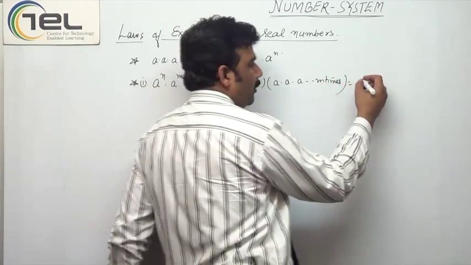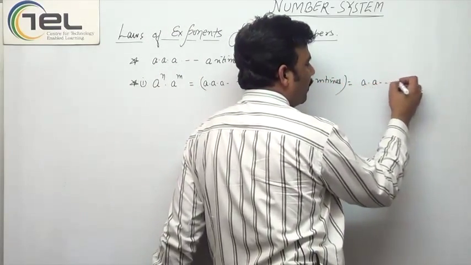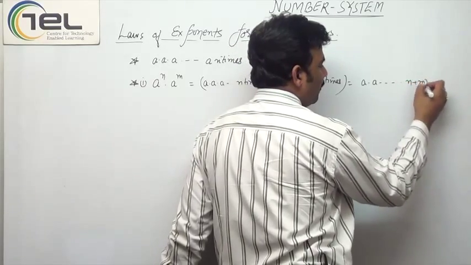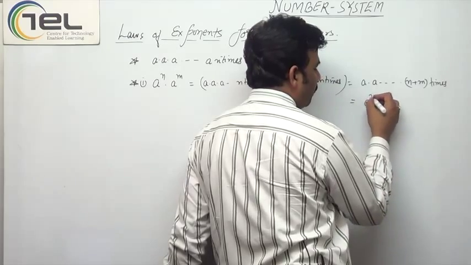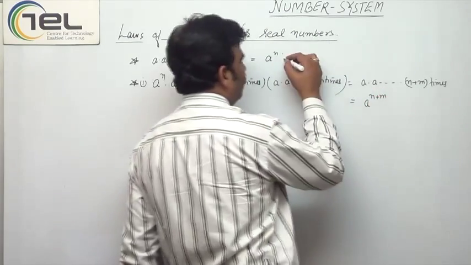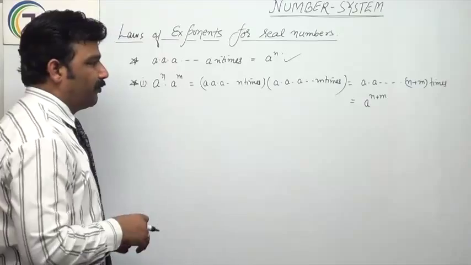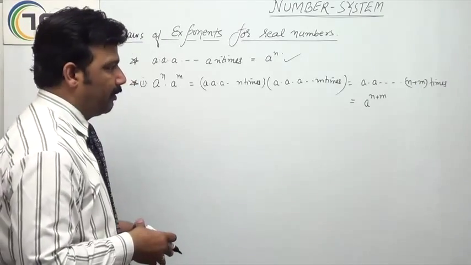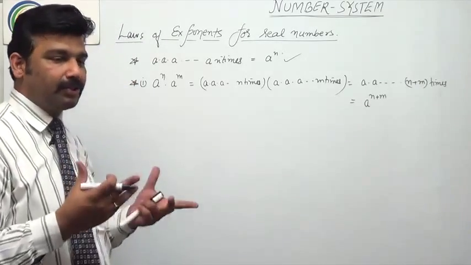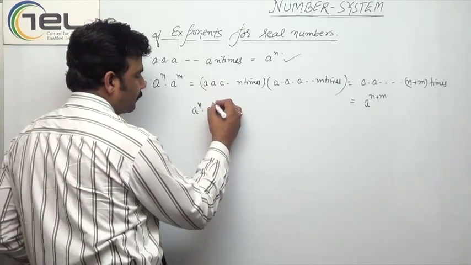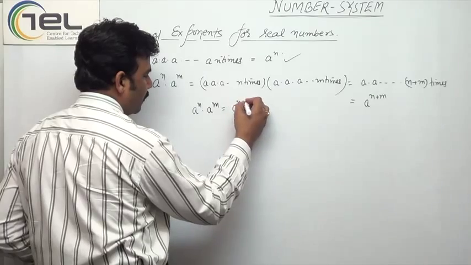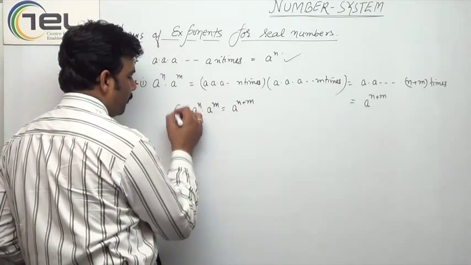That is A n plus m times, or I can say A raised to the power n plus m. With this rule, the number of times the same number is multiplied is the power it is raised to. So we have the first rule.